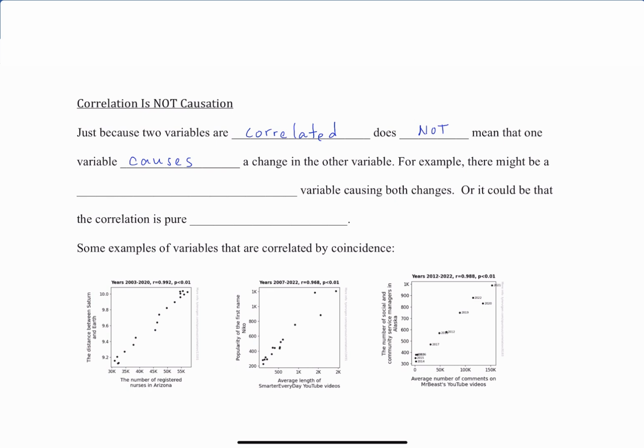For example, there might be a confounding or lurking variable that's causing both changes. And we saw an example of that back in section 5.1. But it could also be that the correlation is pure coincidence. And I've got some examples for you of that.